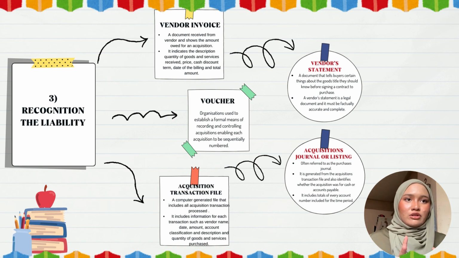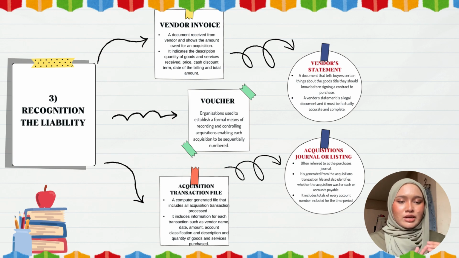Other than that, vendor statement. Vendor statement is a document that tells the buyer certain things about the goods' title they should know before signing a contract to purchase. A vendor statement is a legal document and it must be factually accurate and complete.